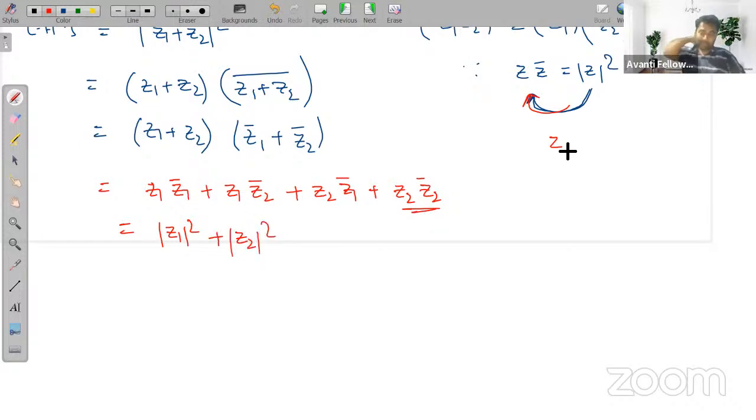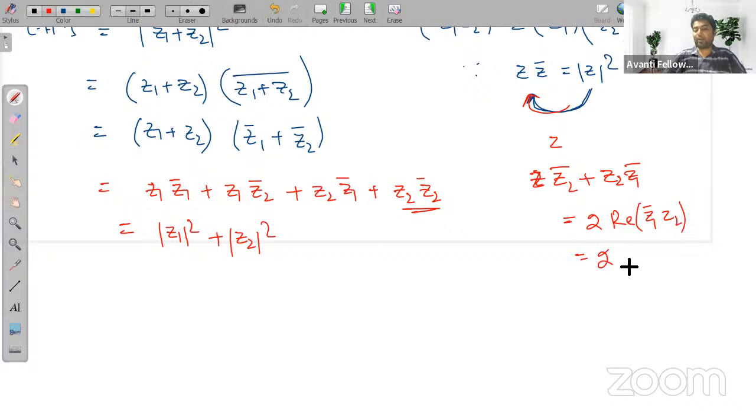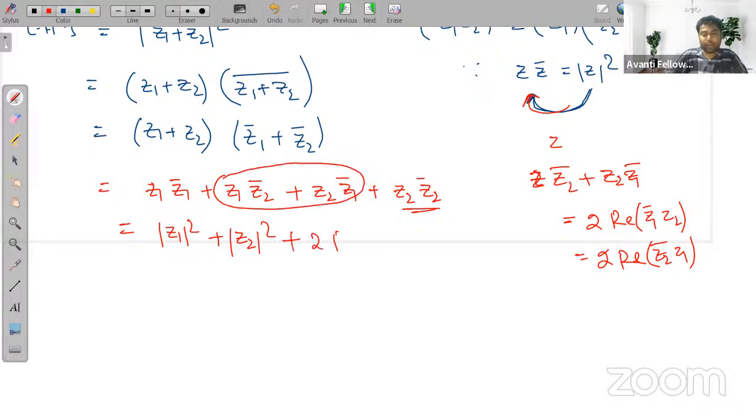And we know already that Z1 into Z2 bar plus Z2 into Z1 bar is equal to 2 into real of Z1 bar into Z2 or 2 into real of Z2 bar into Z1. Already we studied these things. So here in this place we can write this as 2 into real of Z1 into Z2 bar, we can write or not. So this is proved now.